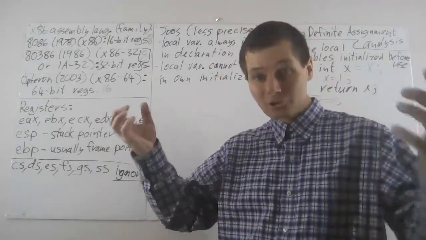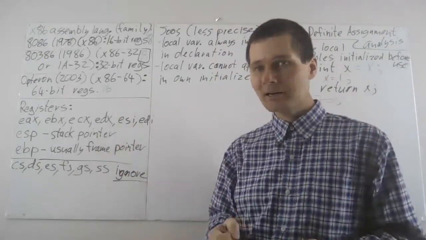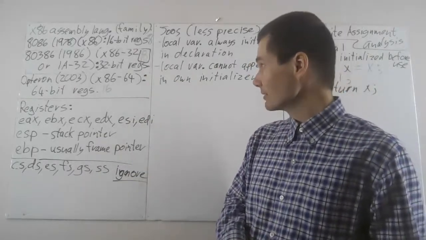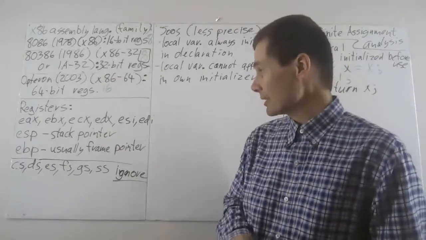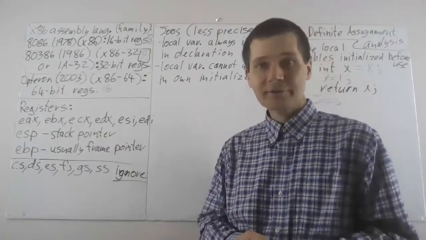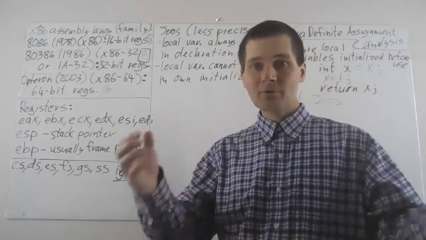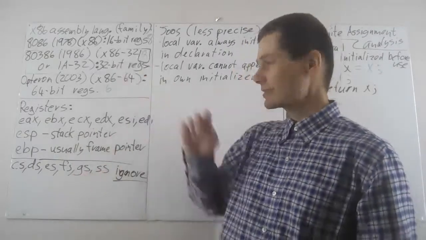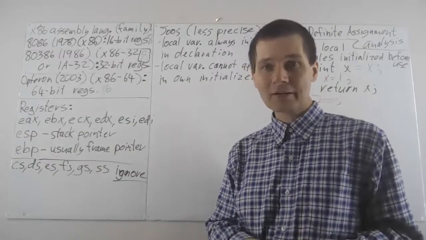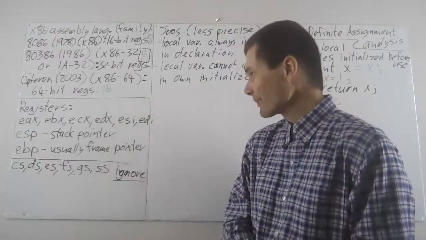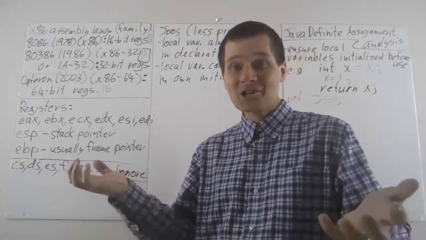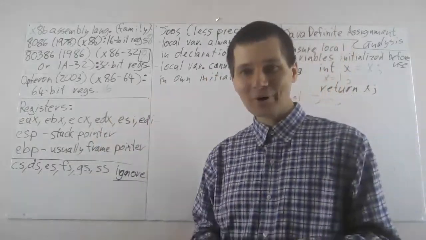But you shouldn't need to worry about them when you're in 32-bit mode. Even in 32-bit mode, they are still useful if you need to address more than 4 gigabytes of memory, because with 32 bits, you've got 4 gigabytes of different addresses. But who could ever imagine a computer having 4 gigabytes of memory?